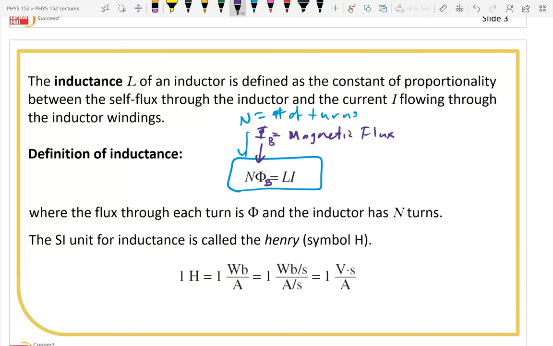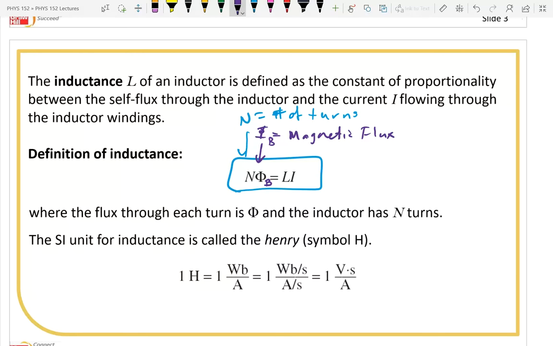L, I just said what L is, so remind me, what does L stand for? Inductance. And I is current. But I'm not writing those down because I know you've got those down already. The SI unit for inductance is the henry, named after Joseph Henry.